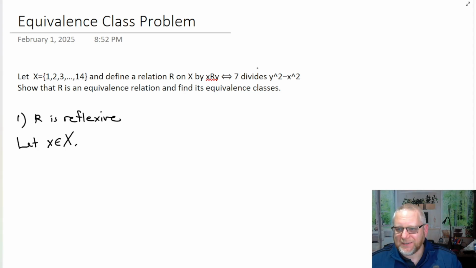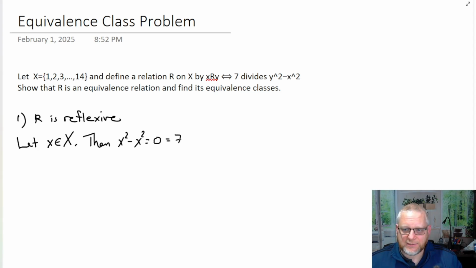Then is it true that x is related to x? Let's reread this phrase, replacing the y with another x. x is related to x if and only if 7 divides x squared minus x squared. Well, x squared minus x squared is 0, regardless of what x is. Does 7 divide 0?